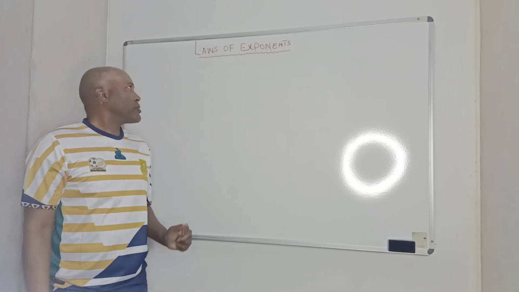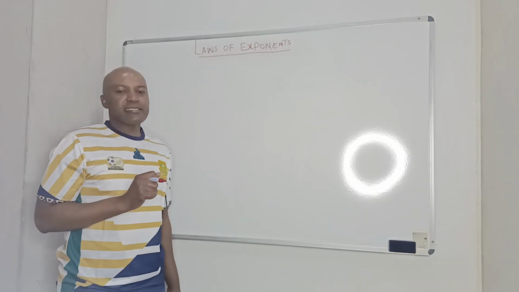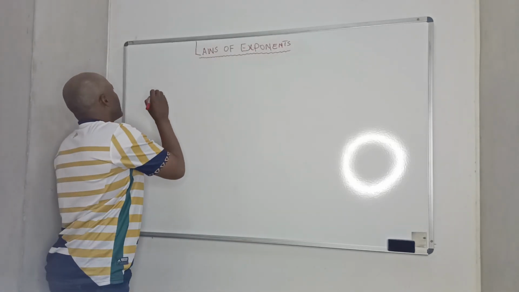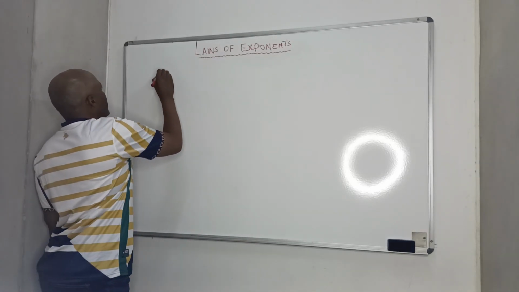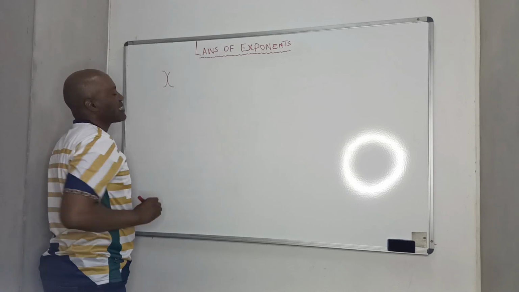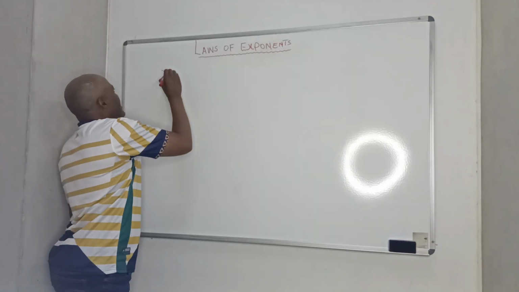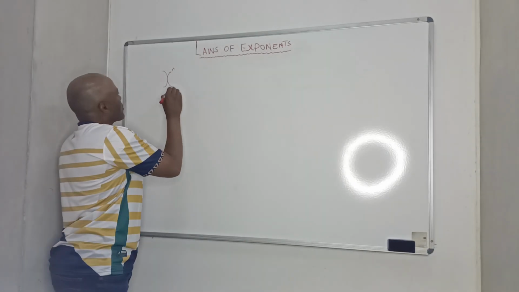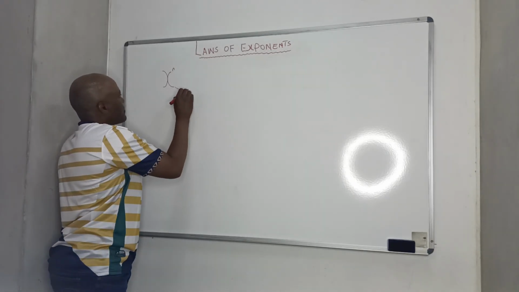Today we are going to talk about the laws of exponents. Let me begin here. If you have got a big guy like this with a little guy on top, we call this big guy a base.